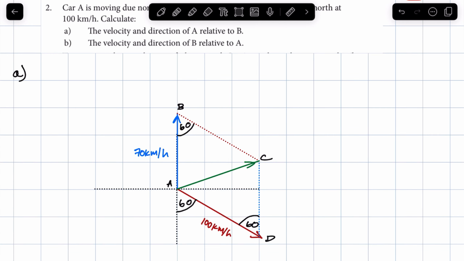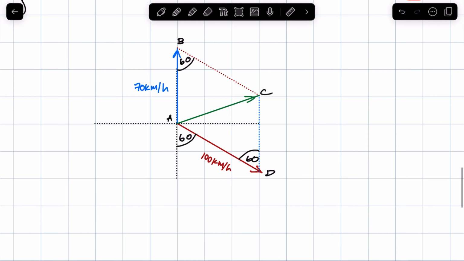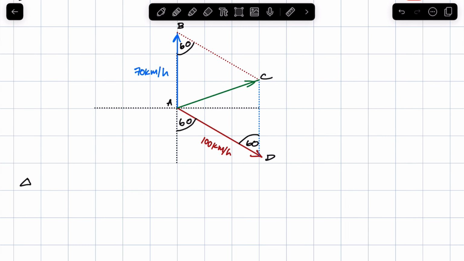Now that we've worked out our angles, we can use the information we have to get information that we don't have. Because the angle we have is an included angle, we're going to use the cosine rule. With the cosine rule, we're going to elect one triangle. So let's say triangle ABC.